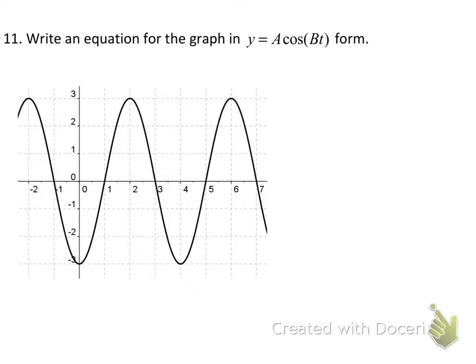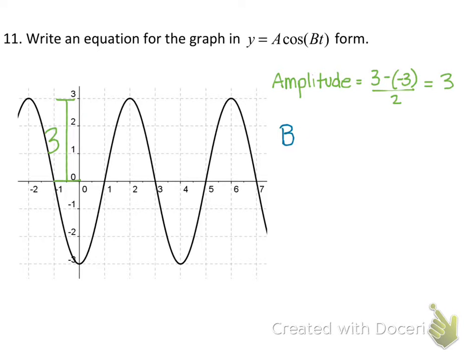All right, and my last graph. So, starting with amplitude, we get 3, my max, minus negative 3, which is 6, divided by 2. So my amplitude is 3. Now my b value.